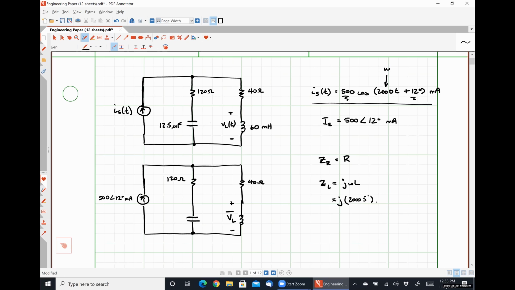And then L is going to be 60 times 10 to the minus 3 henries, where a henry is a volt second per ampere. So we can see that seconds multiplied by per seconds is going to give us units of volts per amps, or ohms, which is good. So 2 times 10 to the positive 3 times 60 times 10 to the minus 3, I believe, is J 120 ohms.